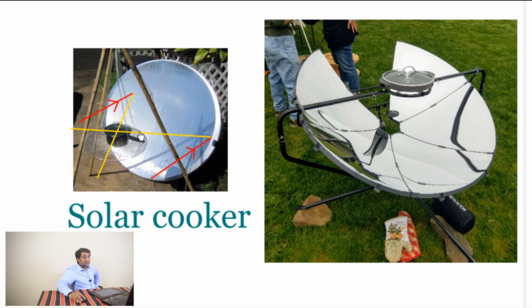Now, as you can see, the two reflected rays are converging at this particular point. That's the focal point of this entire concave mirror. And at that focal point, if you place your cooker or the vessel which you want to make hot, that particular vessel becomes very, very hot because all that energy is converging at this point.